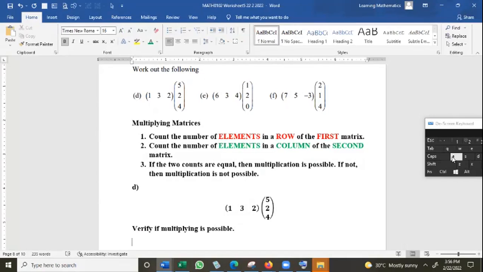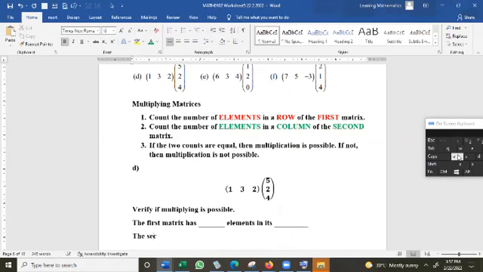The first matrix has dash elements in its dash.